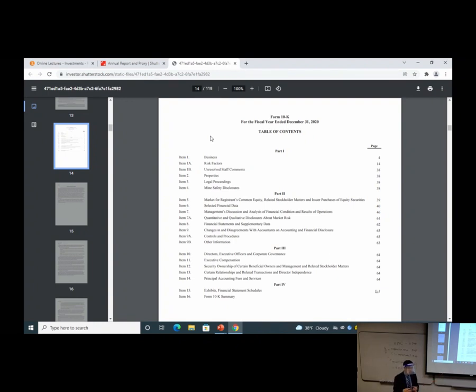You want to pay attention to their reinvestment, earnings, ROE, and so on. One particular place you want to look at is the management discussion and analysis. This is very useful.